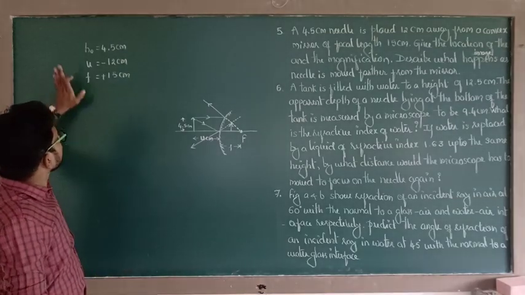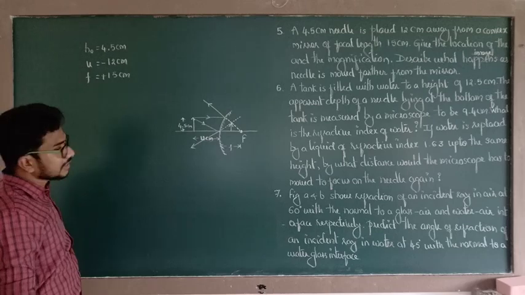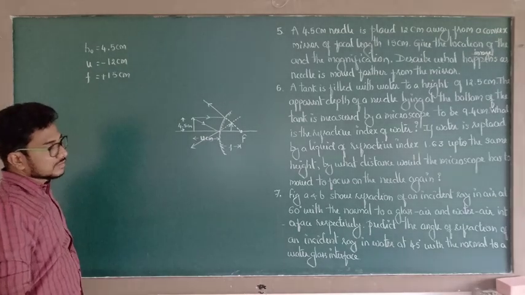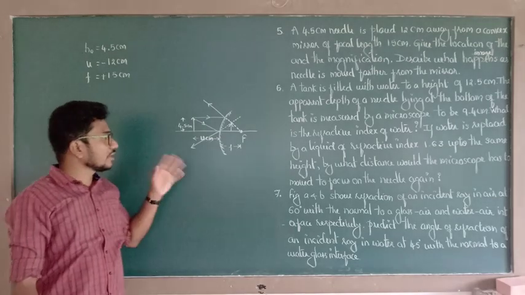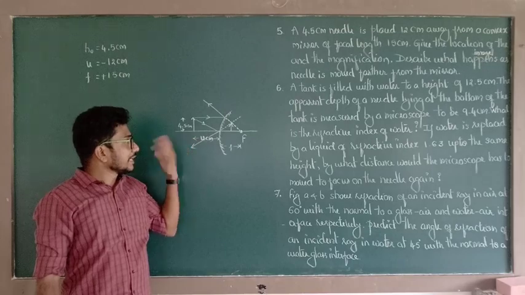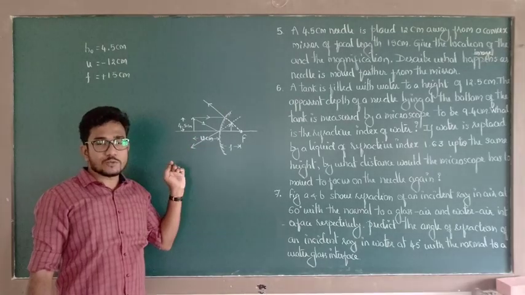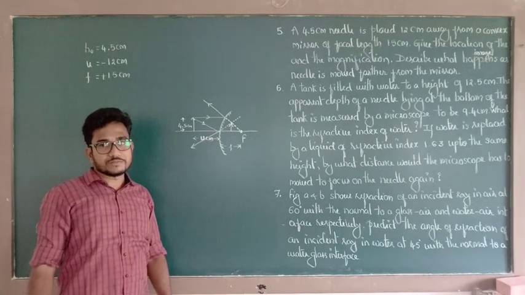Now the given data is in terms of object distance, focal length and height of the object, so we can calculate the position of the image. In case of a convex spherical mirror, if the object is placed anywhere between infinity and the pole, its image always lies between the pole and the principal focus.